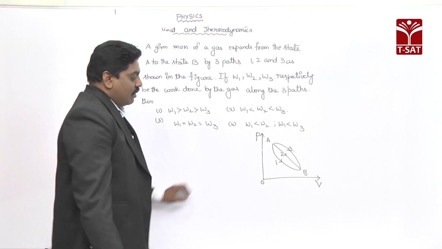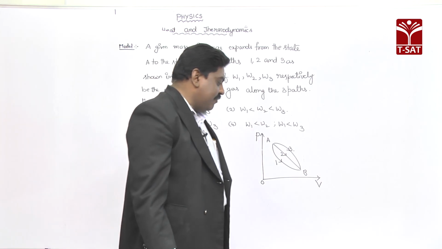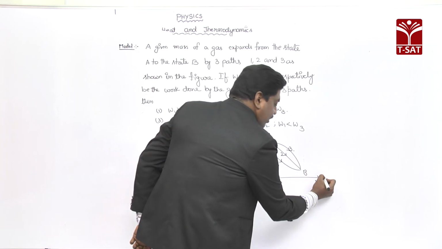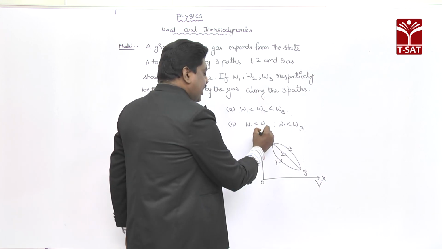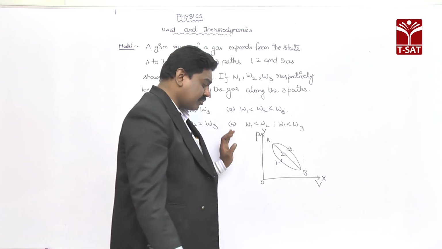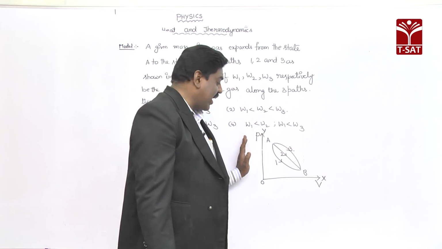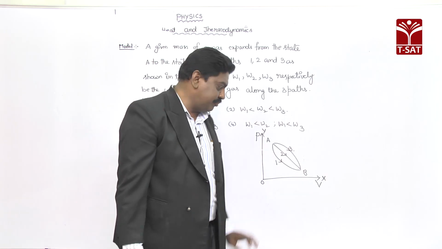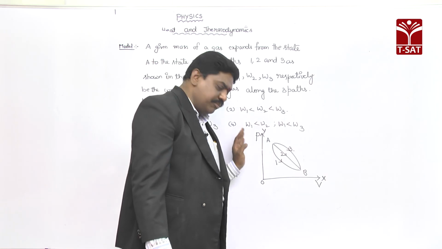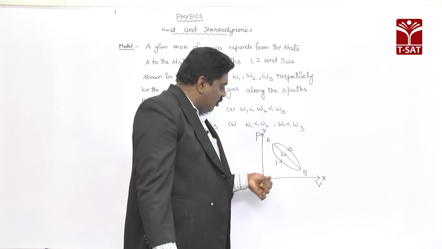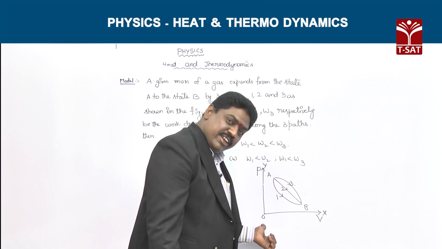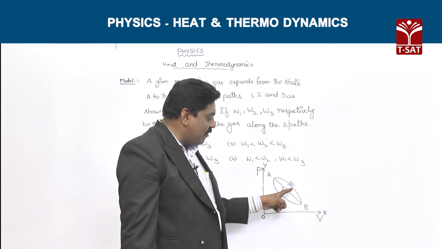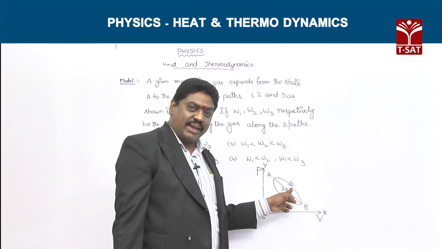In the given graph, volume is taken on the x-axis and pressure is taken on the y-axis. This kind of graph is called an indicator diagram. In the indicator diagram, the graph close to the origin will have the least value and the graph away from the origin will have the maximum value.